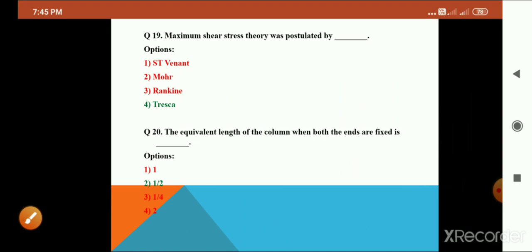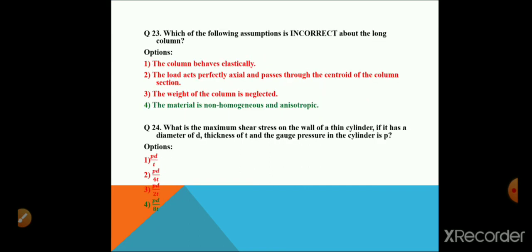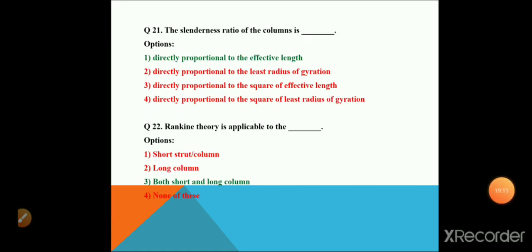Let's proceed to the next question. The slenderness ratio of a column is, so first we have to know the expression.